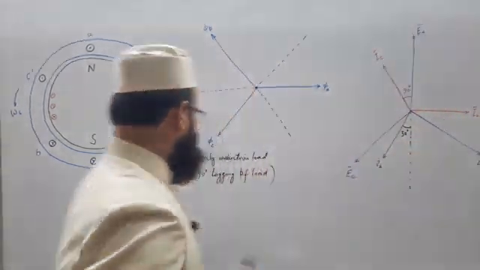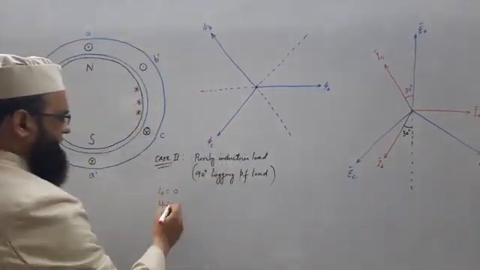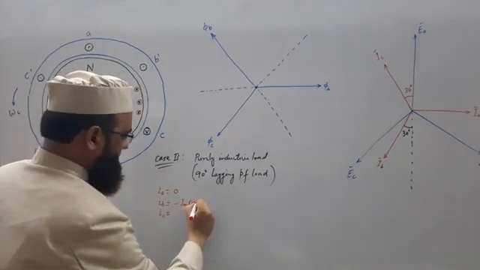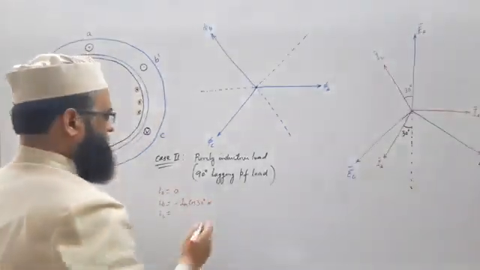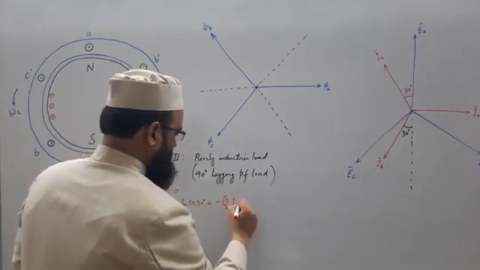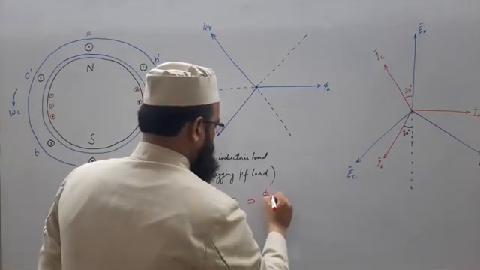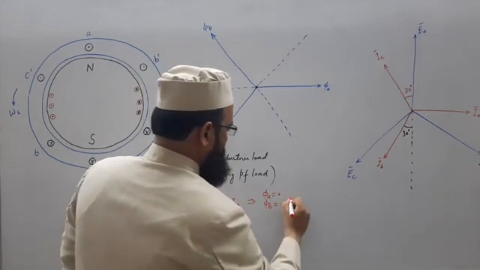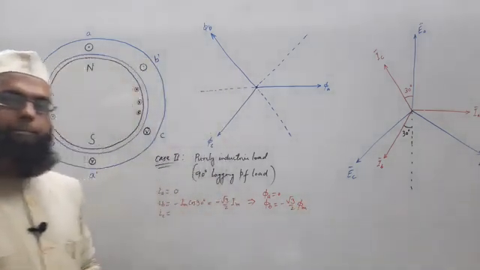Nil, 0. What about IB? So for IB, minus Im cosine 30 degrees, that is cosine 30, sin 60, root 3 by 2, minus root 3 by 2 Im. This implies phi A is 0 and phi B is minus root 3 by 2 phi m, isn't it?